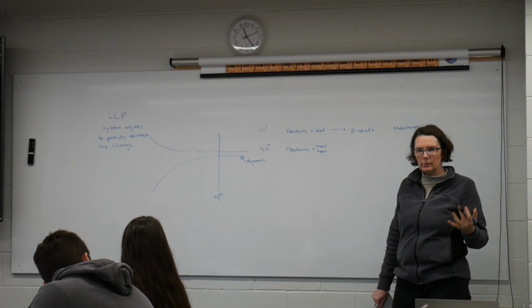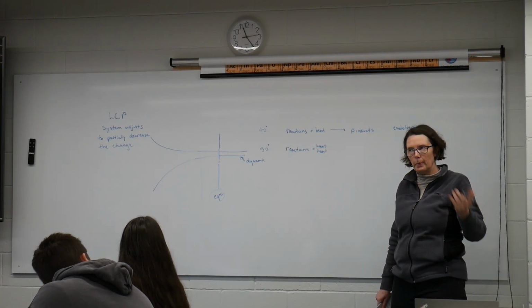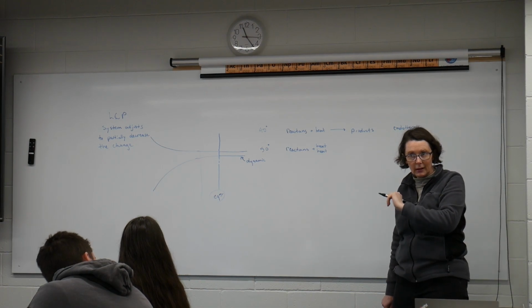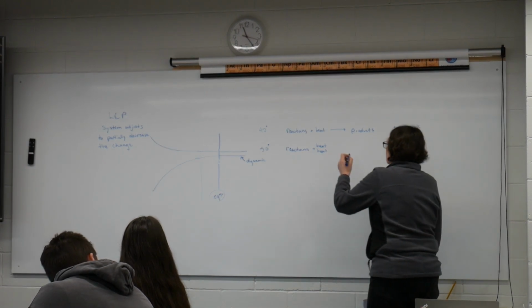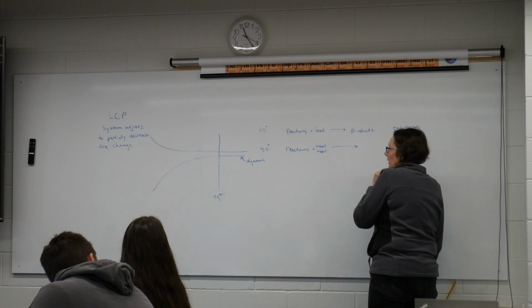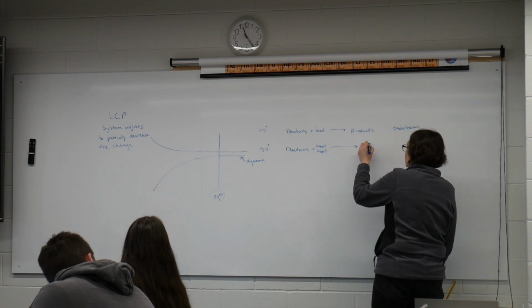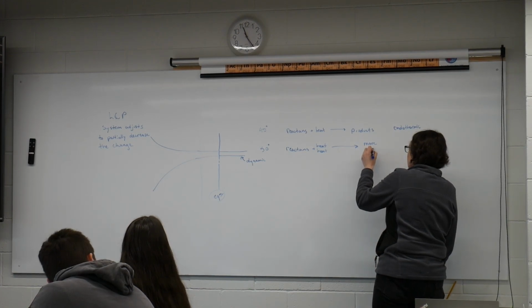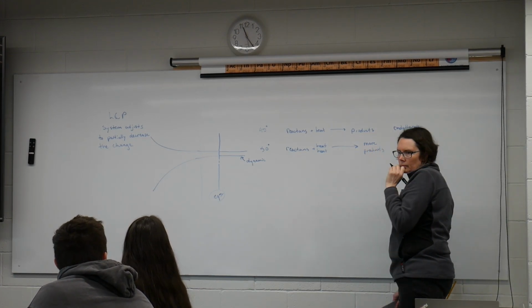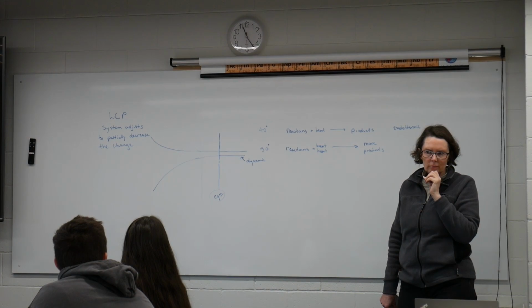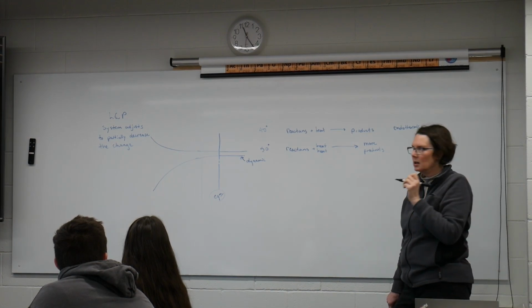So if the system adjusts to partially decrease the heat, it's going to favour the forward reaction for an endothermic reaction and I'll produce more products. Is that sort of making sense?